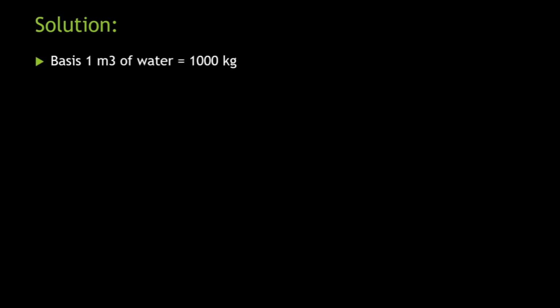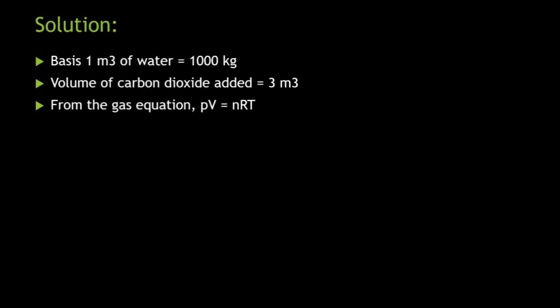So 1 meter cube of water is 1000 kg. So volume of carbon dioxide will be 3 meter cube from the question. Then from the gas equation, what did we find out? The value of n, because P was 1 atmosphere, volume was 3 meter cube. Then n, I don't know. The gas constant was 0.08206 into T, which is 273 Kelvin, for 0 degrees Celsius.